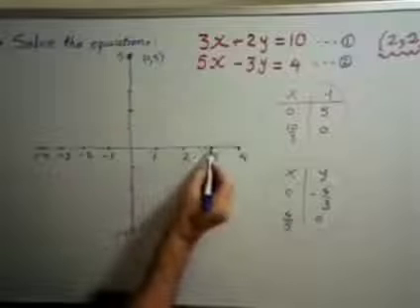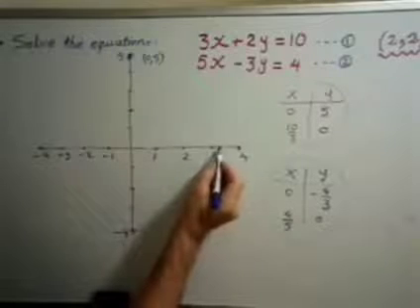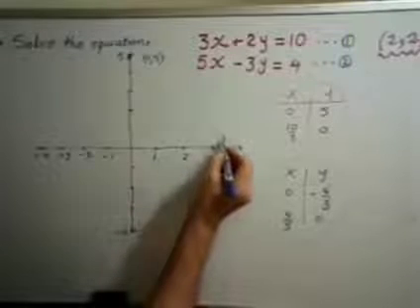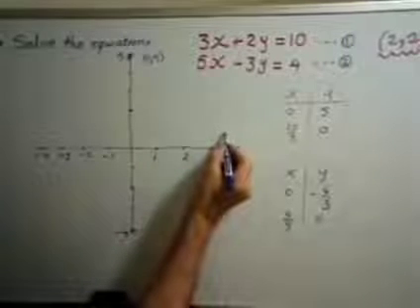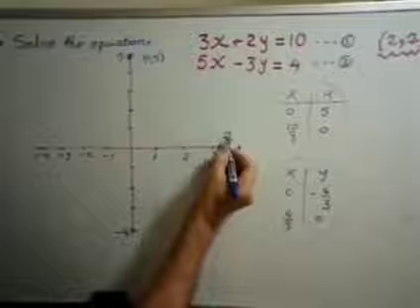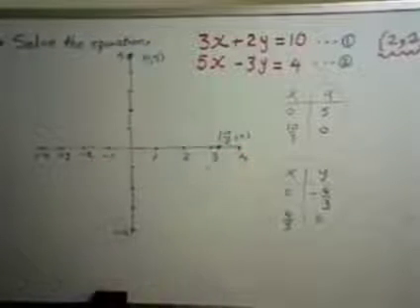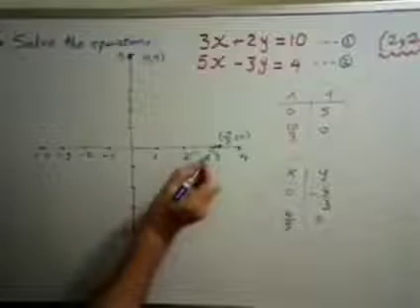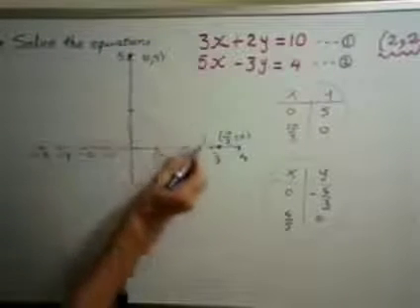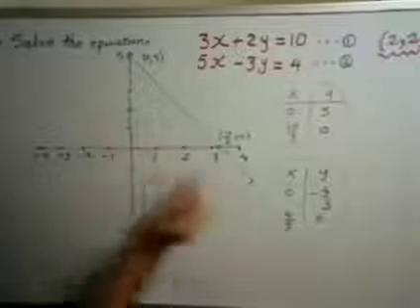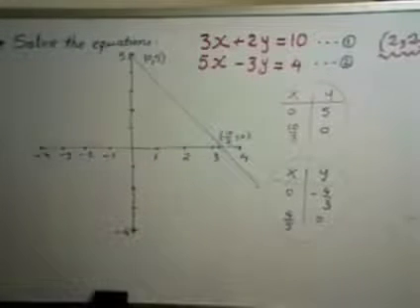Here is 3 and 1/3 like here. So this point is 10 over 3 and 0. And we draw the line passing by these 2 points, this line. This is the first equation.